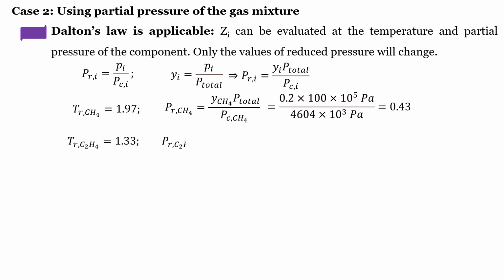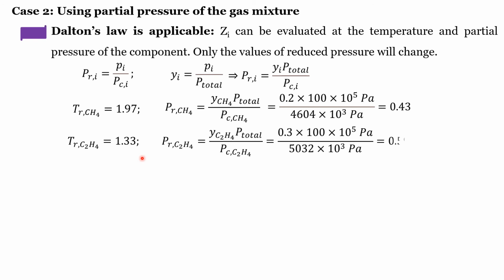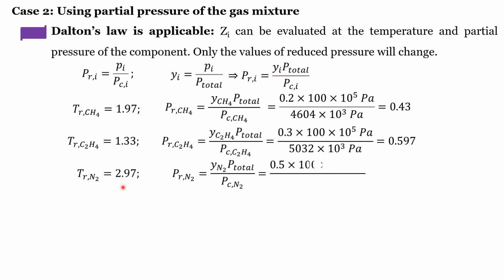In the same way we can estimate the reduced value for C2H4, and we can also find the reduced parameter for nitrogen. Now we have estimated the reduced parameter for individual components.